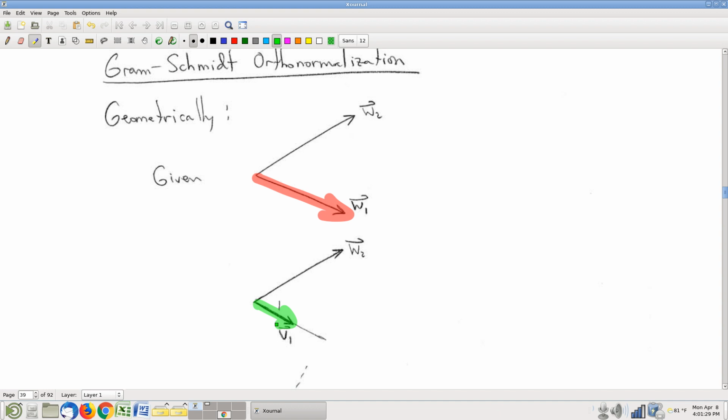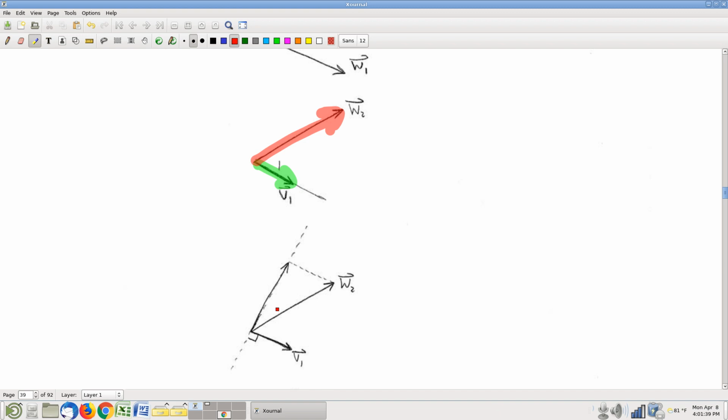Okay. Next question. Second vector. Now this one's a little trickier. Here's what I don't like about that second vector. I wish it were orthogonal to that first vector. Let me say that a little bit differently. This red vector here has a piece of it that is the orthogonal thing that I want, but it also has a piece of it that is parallel to V1.